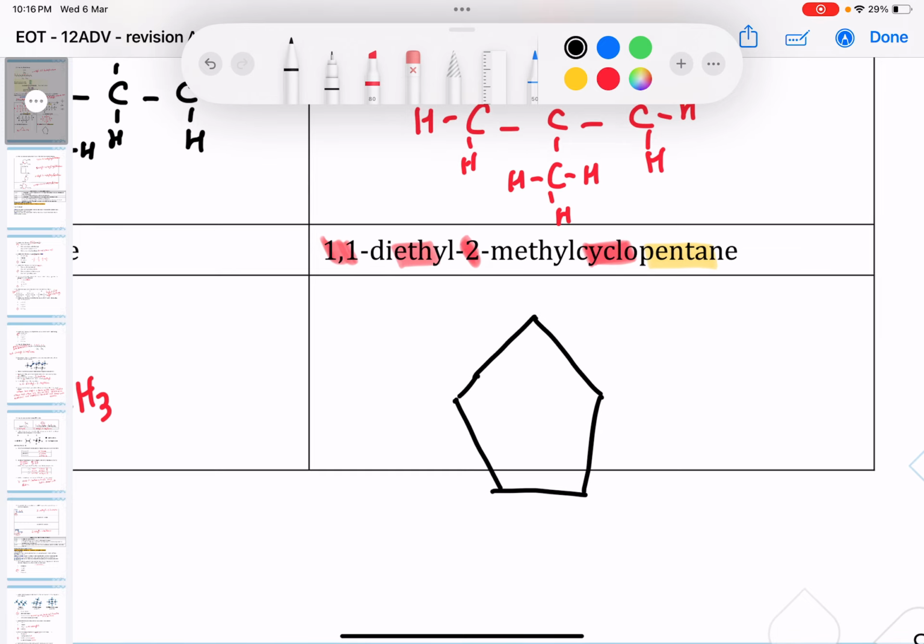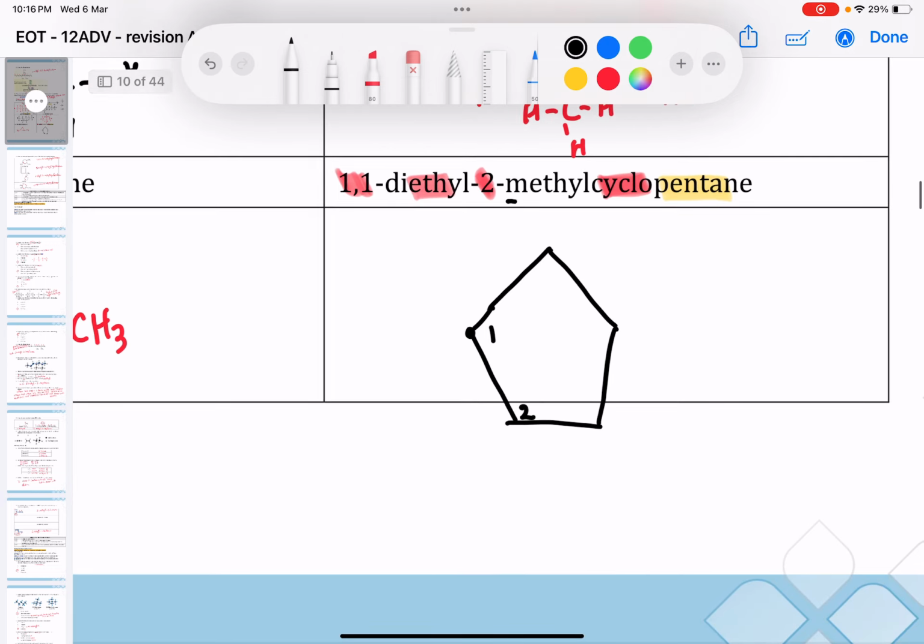So let's say I want to start counting from here. I want to number this as the first carbon and here as the second carbon. So on the second carbon, I have 1 carbon branch. That's a 1C branch. And on the first carbon, I have 2 branches.